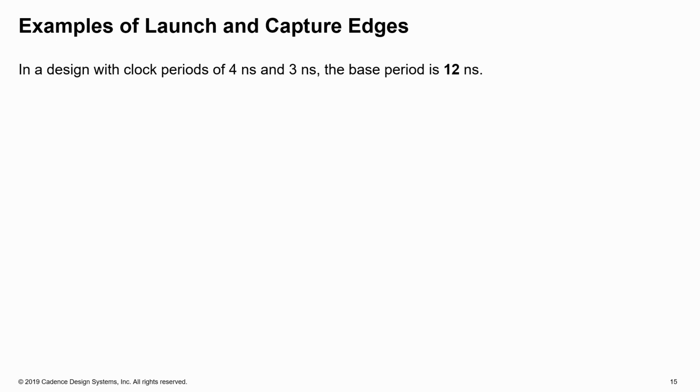Let's look at an example with multiple clocks. If you have clock periods of 4 and 3, the LCM is 12, so we would unroll the clocks up to 12 nanoseconds in this case. For a clock 2 to clock 1 falling to rising transfer, what you're trying to look for is the launch edge and the capture edge that give the worst case scenario.